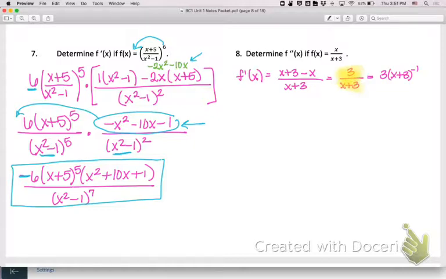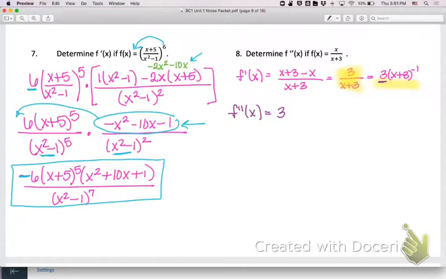When I go to take the second derivative, it's definitely going to be more convenient for me if I rewrite it like this. Okay, so when we take our second derivative, it's not a product rule because that's just a constant multiplier, so we can just bring it along for the ride.